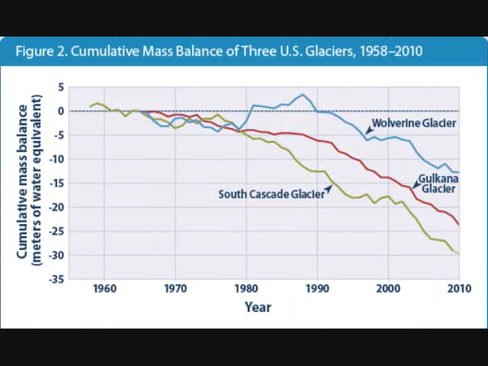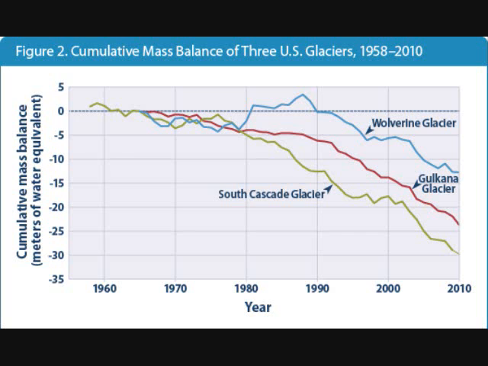And let me see, the last slide is what? Glaciers from 1958, three U.S. glaciers from 1958 to 2010, and you can see the Wolverine Glacier, Gulkana Glacier, and South Cascade Glacier. I don't know exactly where those are, but in essence, these three glaciers are melting and retreating, particularly after 1990.